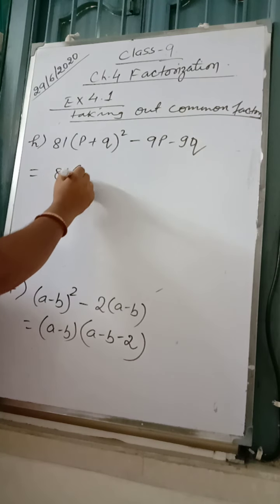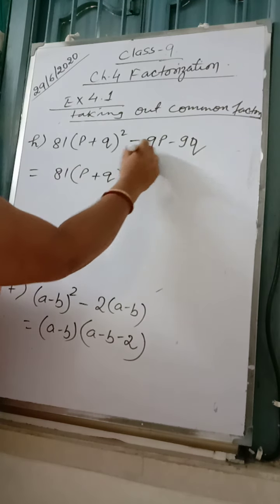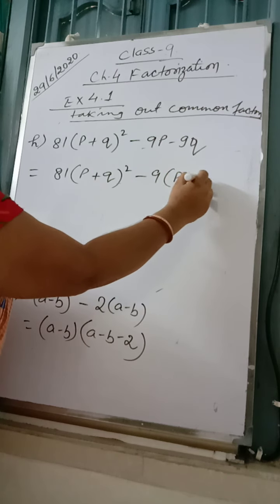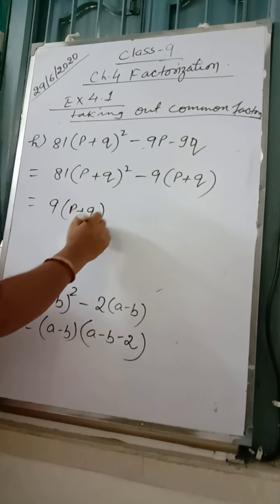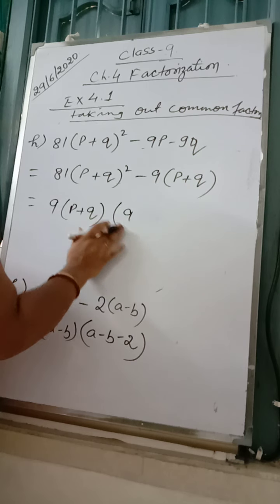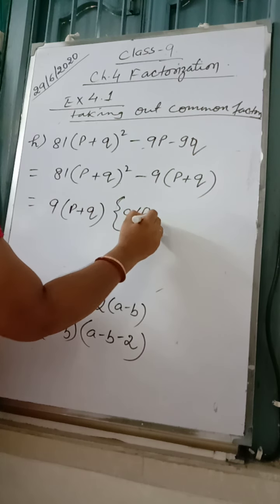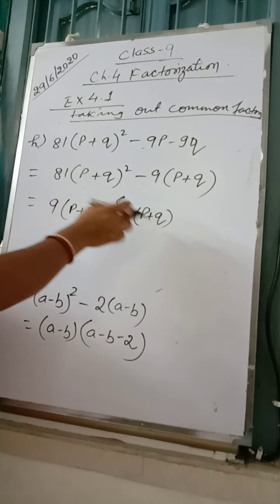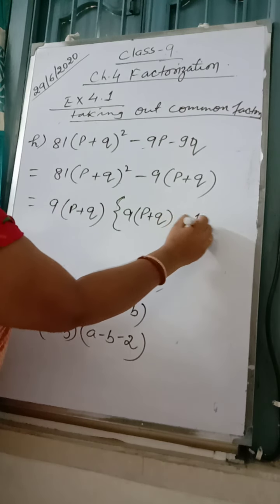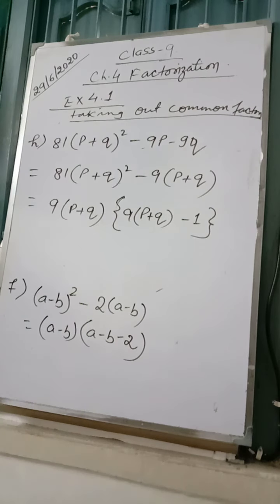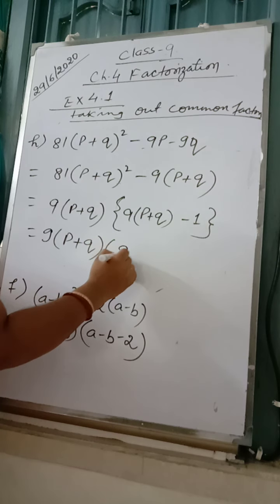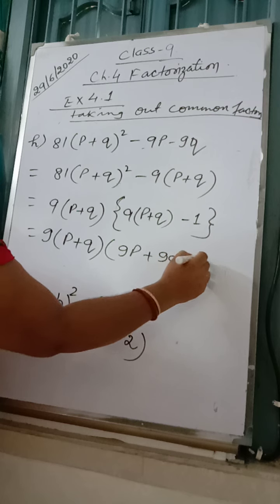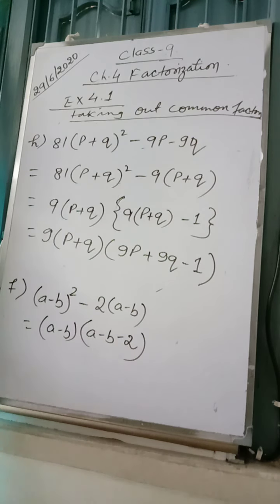I am writing 81 into P plus Q whole square, taking minus 9 common here, so I am left with P plus Q. Now taking common 9 into P plus Q, for this I am left with 9 into P plus Q, because 9 9s are 81 and 1 P plus Q I am left with, and here I am left with minus 1. You can write it further: 9 into P plus Q, 9P plus 9Q minus 1. So this is number H.